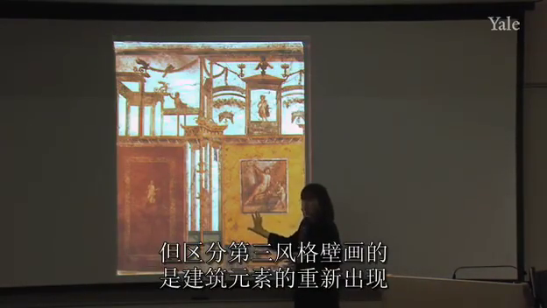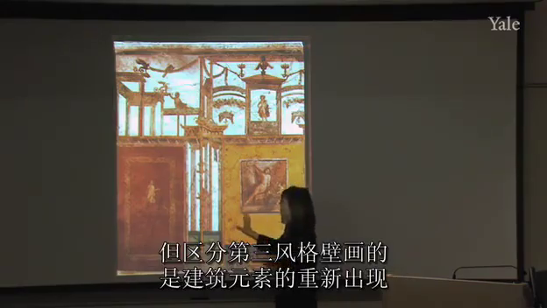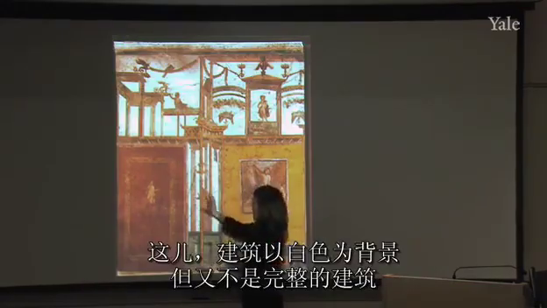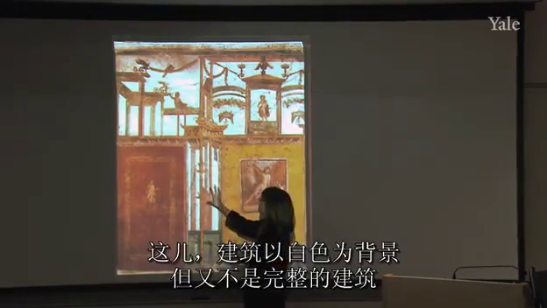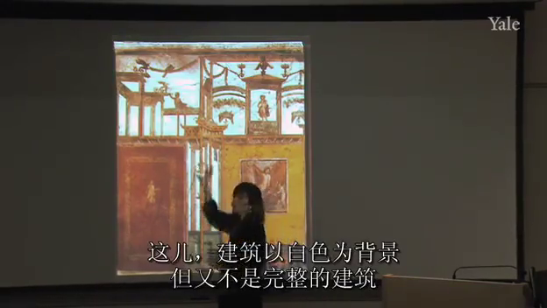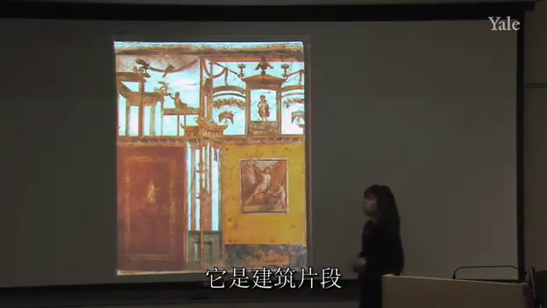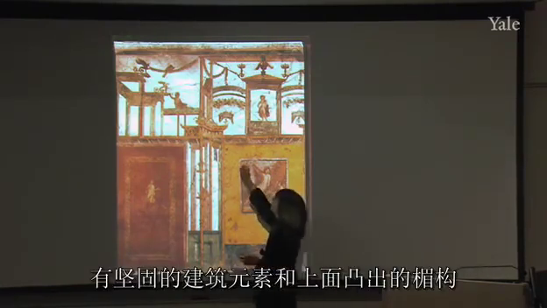But again, what separates this from a third style painting is this reintroduction of architecture over here. Architecture presented against a white background, but it's not a full building. It is a fragment of a building with substantial architectural members and a projecting entablature above.